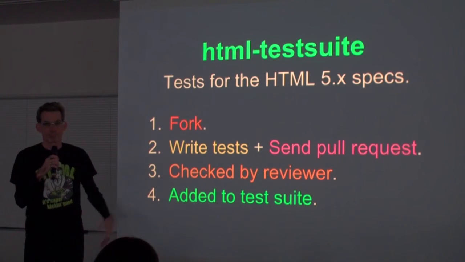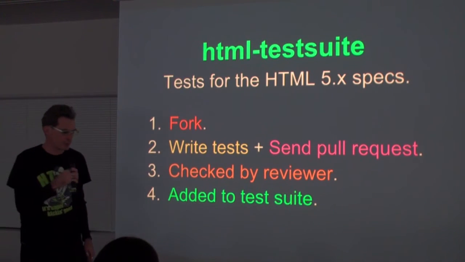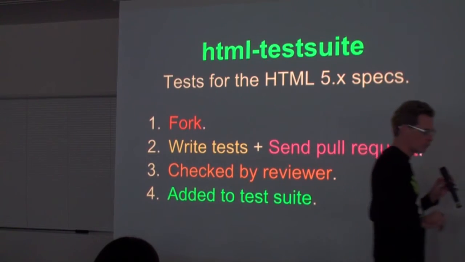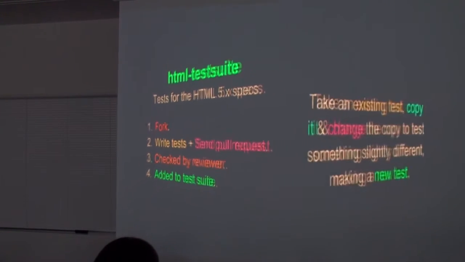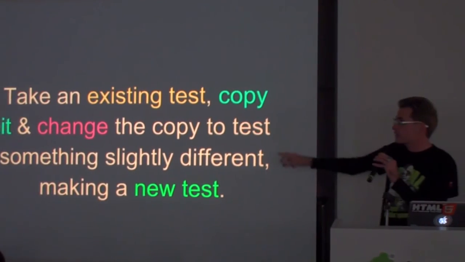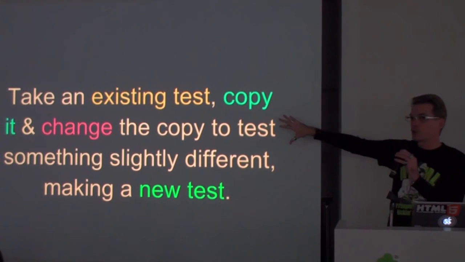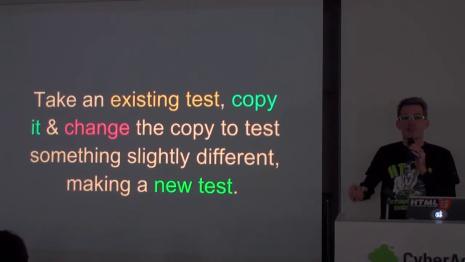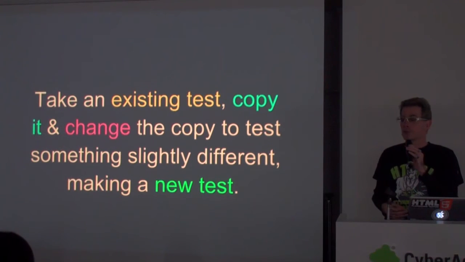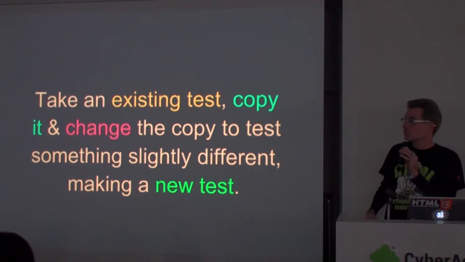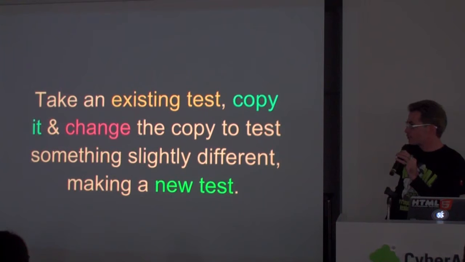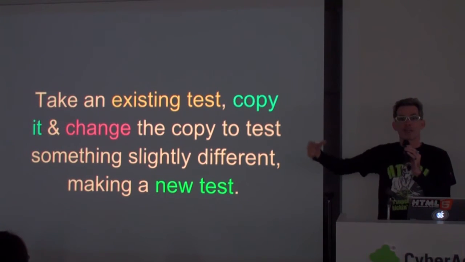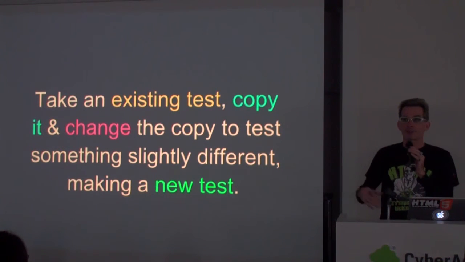We've already got people doing this. So the best thing I suggest is when you look at a set of tests, take an existing test that does something that you're interested in, make a copy of it, have it do something slightly different, and then add that as a new test. And we've got a new test.